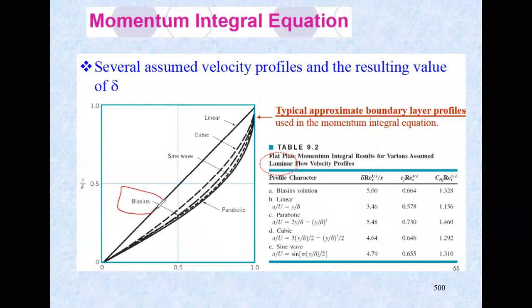So this is the Blasius solution. This is when you have a linear one, I think what we did was linear, this one over here, or parabolic, or cubic, or sine wave. So yeah, I think laminar is way different, but of course it depends on what kind of flow you have. You might have that velocity profile also.